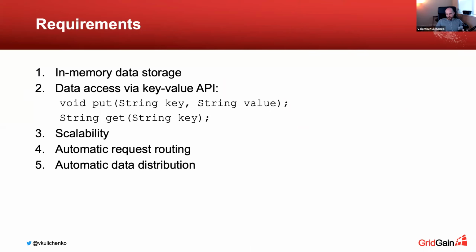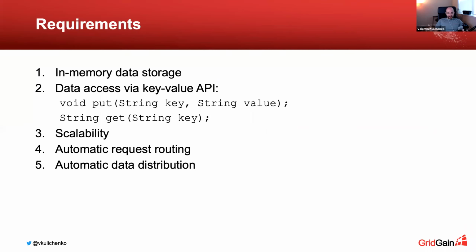So if you have an application that creates 1,000 operations per second, and you have two servers in your database, you want approximately 500 of those requests to be processed on each server. And if the load increases over time, you want to be able to just add more servers so that the system can handle this overall load.